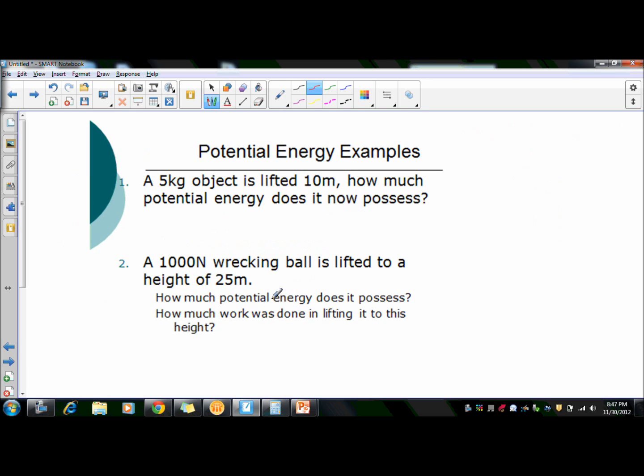So let's do an example. A 5-kilogram object is lifted 10 meters. How much potential energy does it now possess? We have our equation, PE equals mgh.